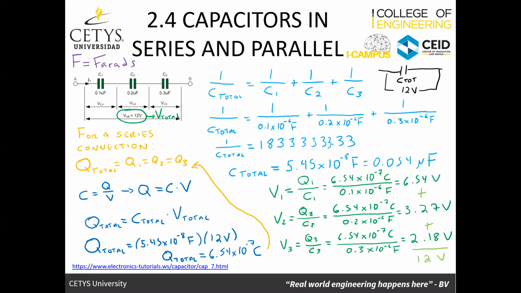There's going to be just one total charge that we're going to be working with. At the end, when we finish up this section, we're going to do a summary of these points, and we're going to write them down to remember them, so we can differentiate the series and the parallel. Okay, so that's the situation where we're just talking about the series connection.